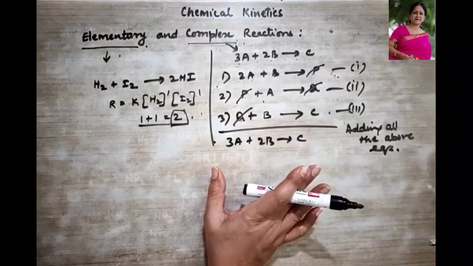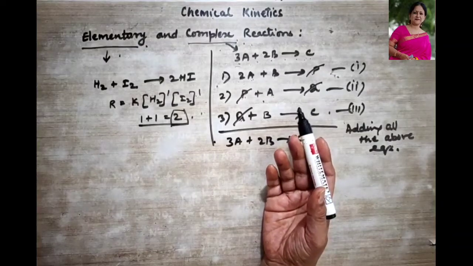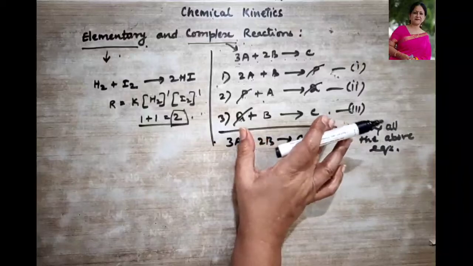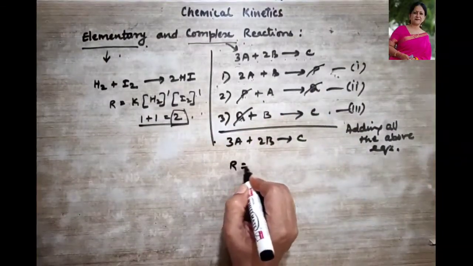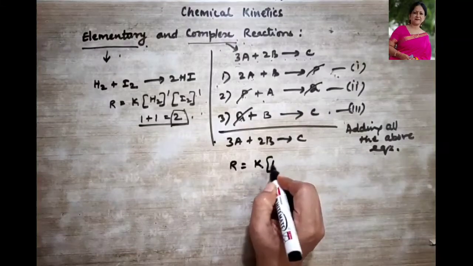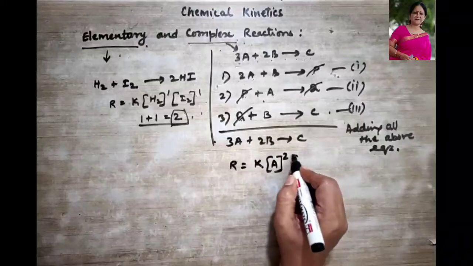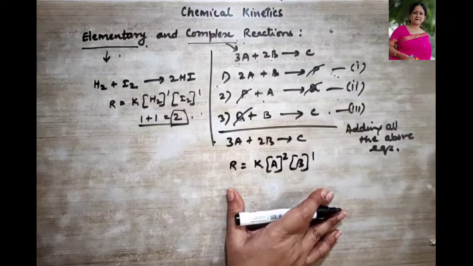So understood this point? Experimentally, what will be the rate determining step over here? The first one is your rate determining step, that is the slowest step, right? So R will be equal to K, that is your rate constant, A to the power of 2, B to the power of 1. Is this point clear?